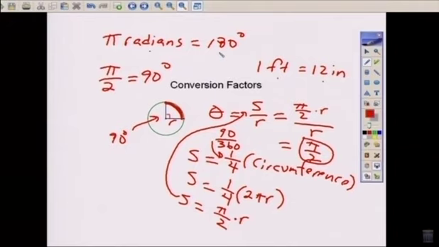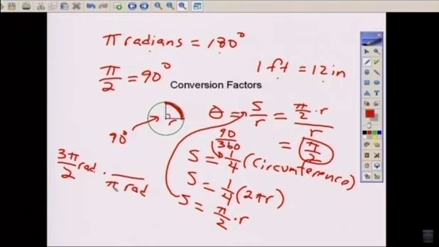So let's look at an example here. Let's say that I want to take 3 pi over 2 radians, and I wanted to convert that into degrees. Well, I know my units are currently radians, so I want to multiply by the conversion factor that has radians in my denominator.